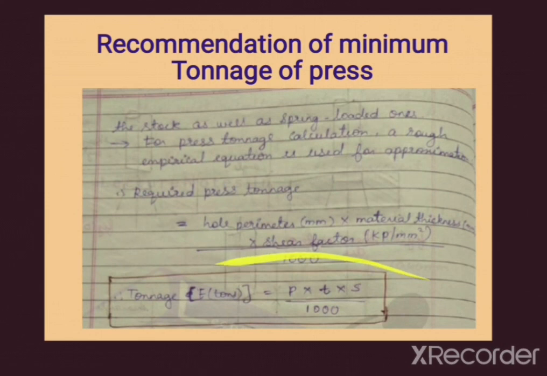This is the empirical equation for tonnage of press. If you divide by 1000, you will get the ton, in terms of the capacity of the press.